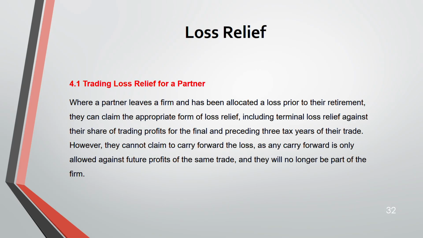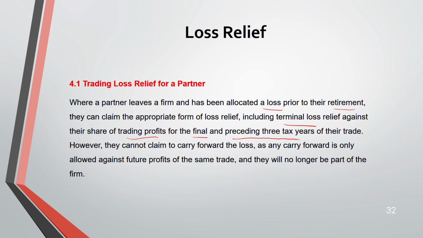Now, what happens when a partner leaves? Where a partner leaves a firm and they have been allocated a loss before their retirement, they can claim the terminal loss relief against their share of trading profits for the final and the preceding 3 tax years of their trade.